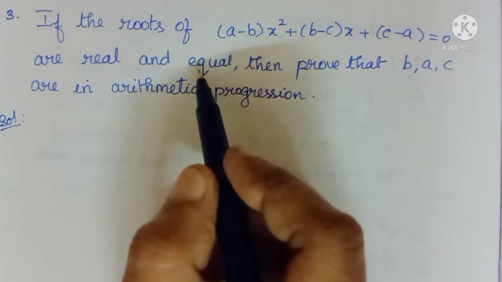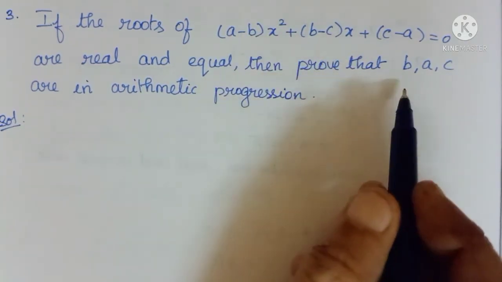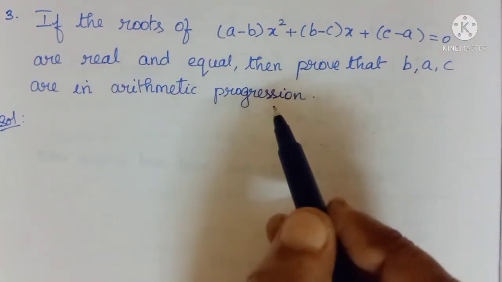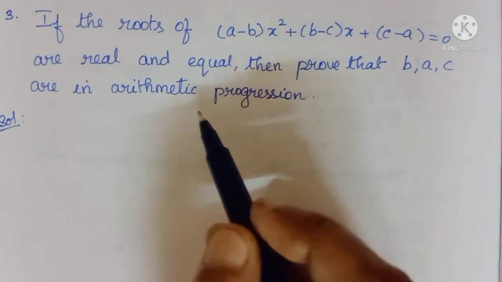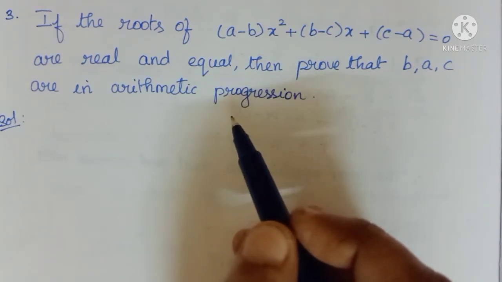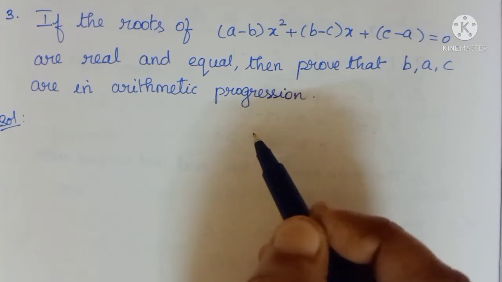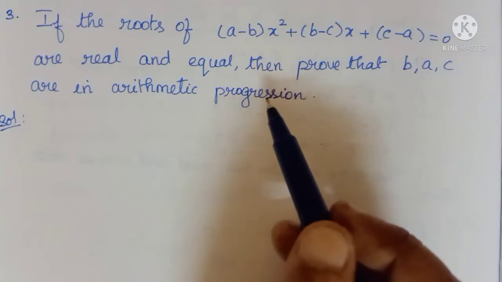That condition we are going to take and replace the values of a, b, c. And finally we are going to prove that b, a, c are in arithmetic progression. Already you learned this concept in chapter 2. Arithmetic progression means common difference is equal. So the difference we are going to find, then finally we are going to write conclusion b, a, c are in arithmetic progression. Let us see how to solve this one.